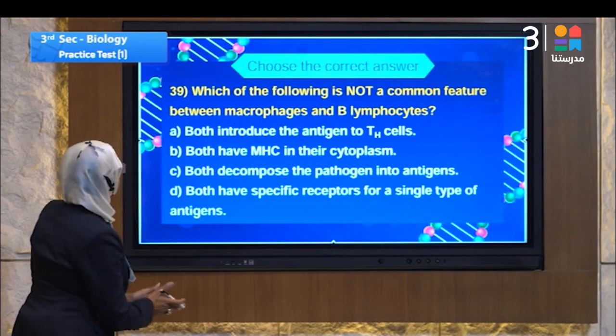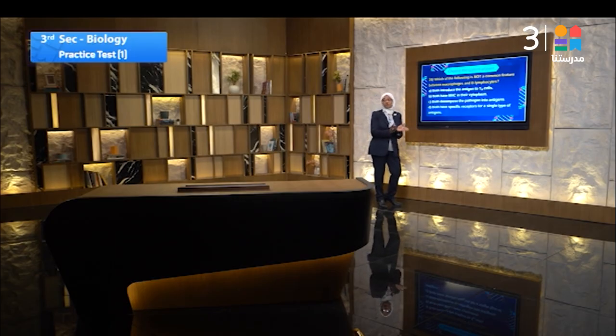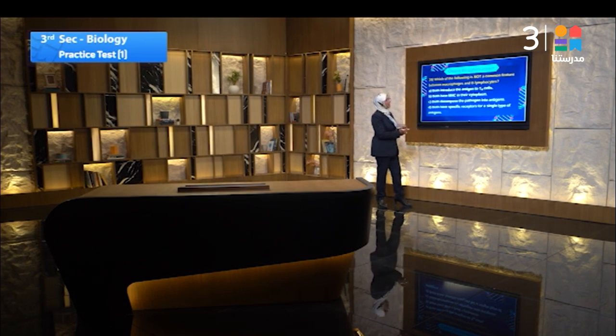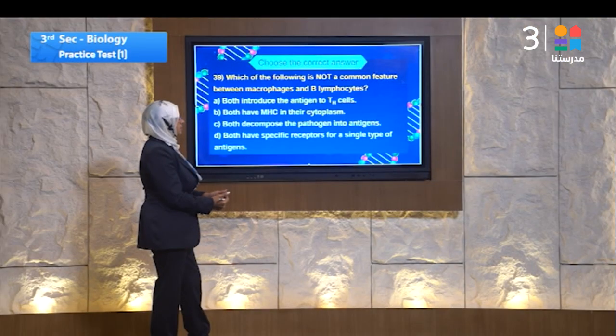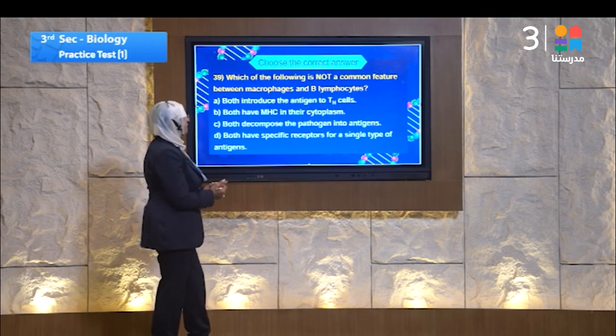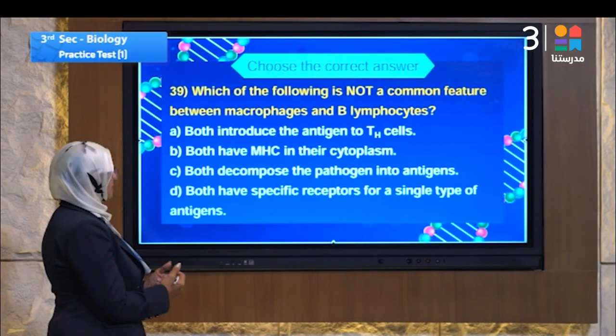Let's go to 39. Let's read the question. Which of the following is not a common feature between macrophage and B lymphocytes? Not a common feature, not similar to each other. Number A, both introduce the antigen to T helper cells. Number B, both of them have MHC in their cytoplasm. No. Let's think.